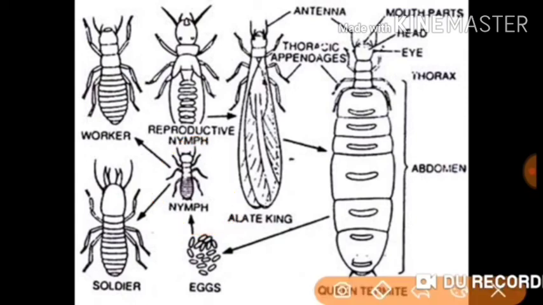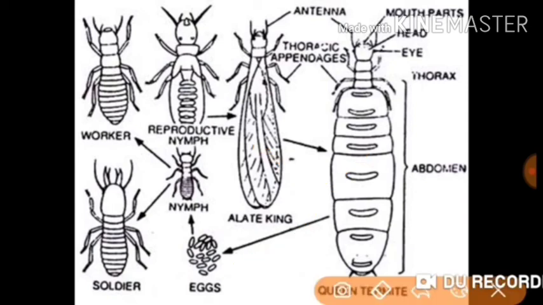And this nymph forms workers and soldiers, and along with these workers and soldiers, it also forms elite. I have already told you that this elite sometimes also acts as king, and this elite king and this queen undergo copulation and again form eggs, right?